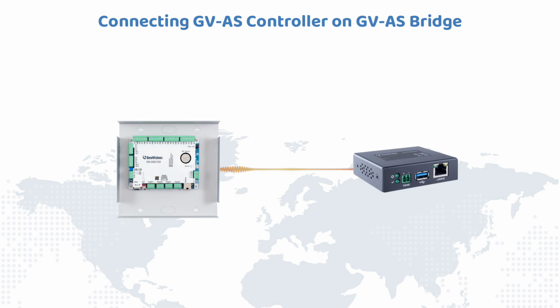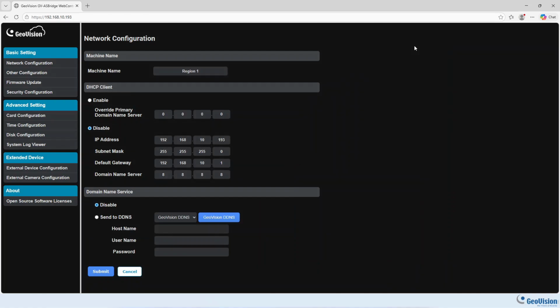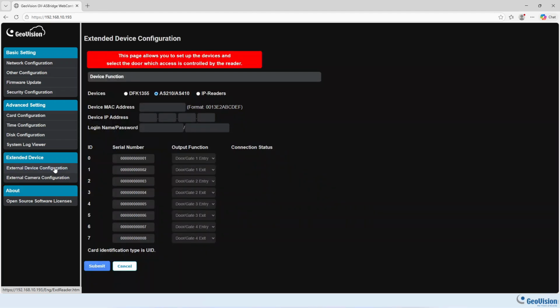Connecting GVAS controller on GVAS Bridge. On GVAS Bridge dashboard, go to Extended Device Configuration. For this installation, we are adding a GVAS 2120, so we have to select AS210/AS410.